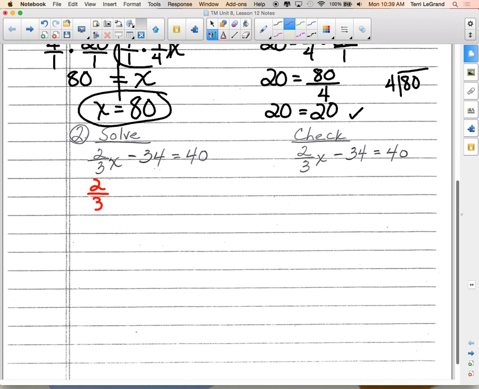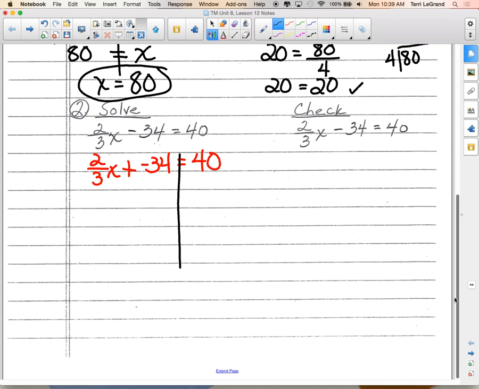So 2/3 x plus negative 34 equals 40. Anything else we need to do to get it ready? No? Okay. Then we're ready to solve it, you're saying? Okay, then what should we do first? Yep. Add a positive 34 to each side. Add the opposite of that negative 34.